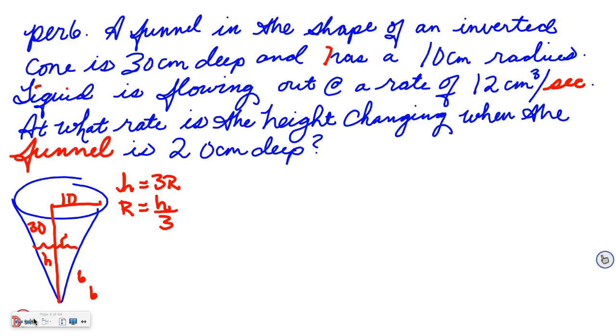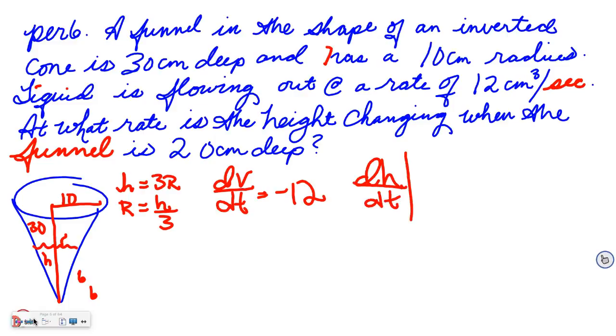So liquid is flowing out. I know that dV/dt is equal to negative 12, and it's negative because the water level is going down. Everything's decreasing. At what rate is the height changing? So I want to know dH/dt at the instant when the liquid in there is 20 centimeters deep.